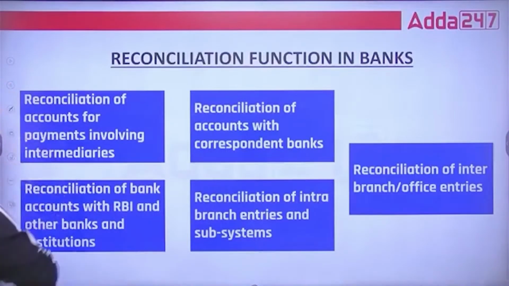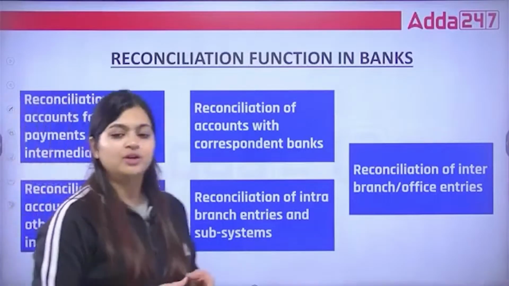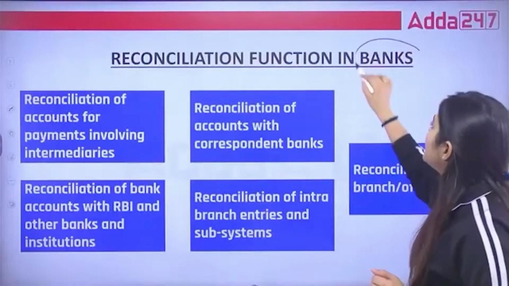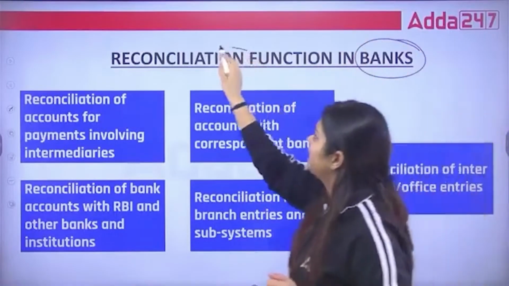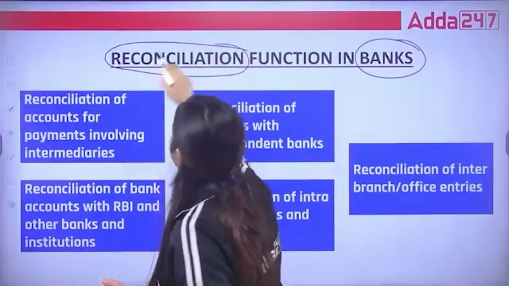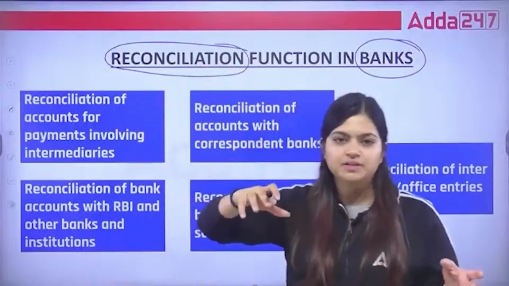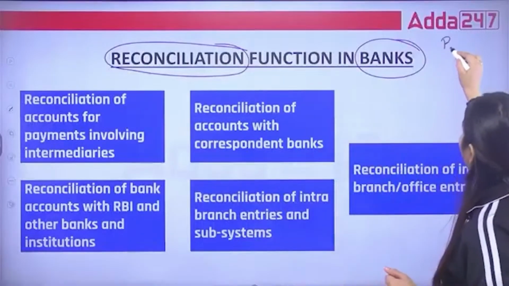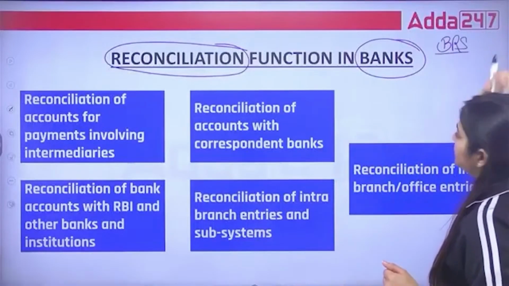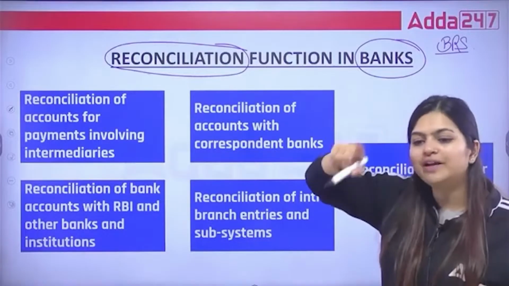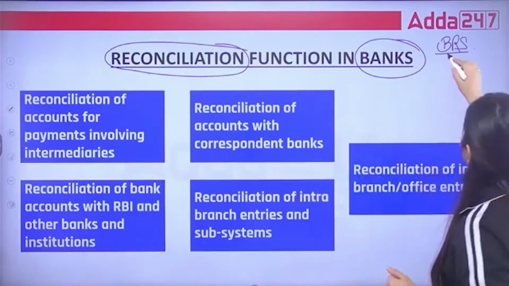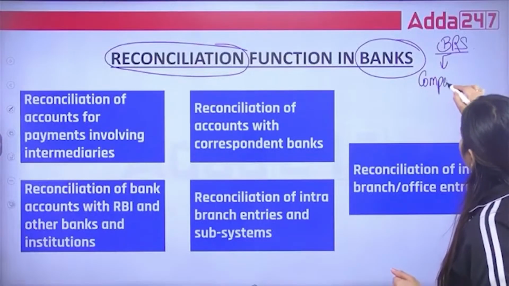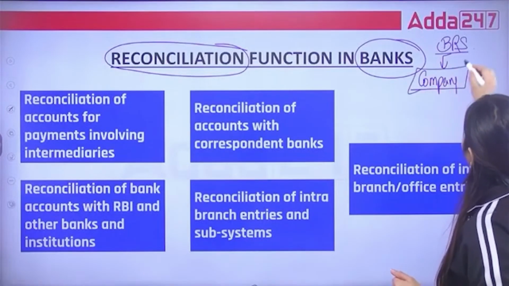Now next thing we are going to see in this unit is reconciliation in your banks. This reconciliation we have seen in your business. Yes, we have completed one unit, that is your BRS, bank reconciliation statement, where we used to reconcile company data with the bank account.